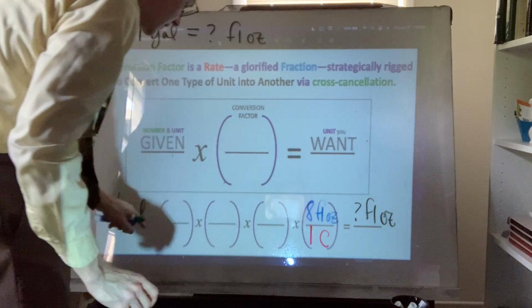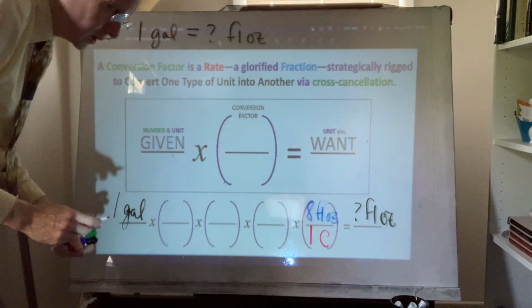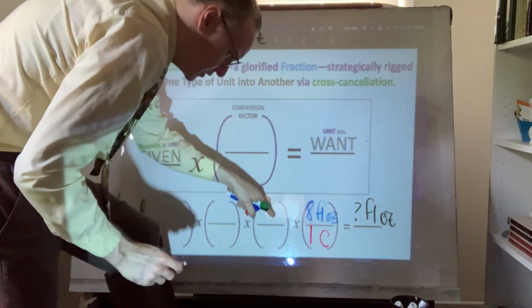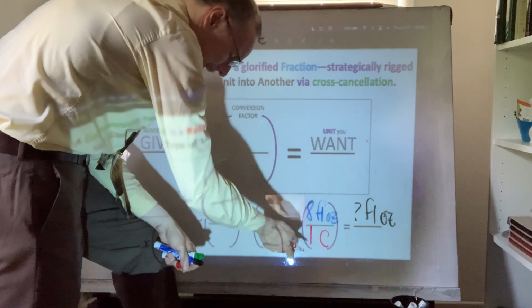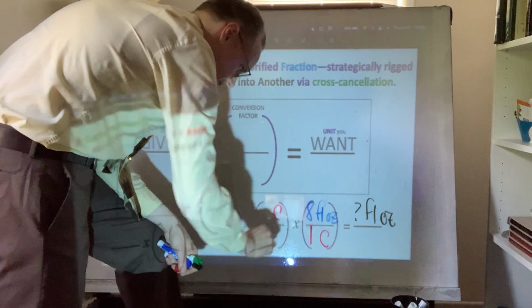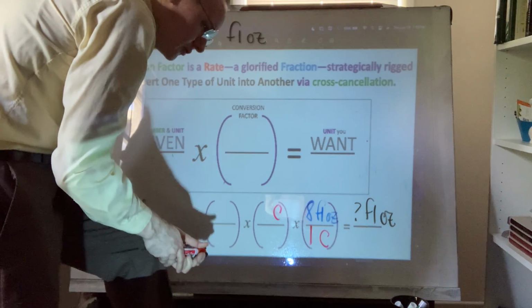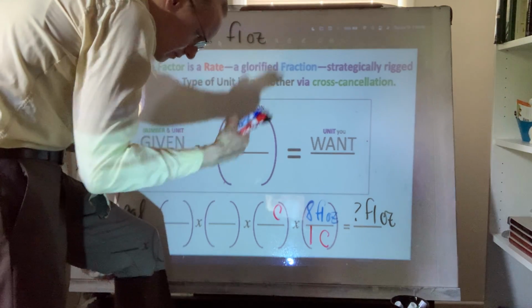That isn't going to cancel this unit though. So if you want to cancel the unit of cups, you'd have to have the same unit essentially diagonal. So I'm going to put cups here and convert it to what I know from my childhood.